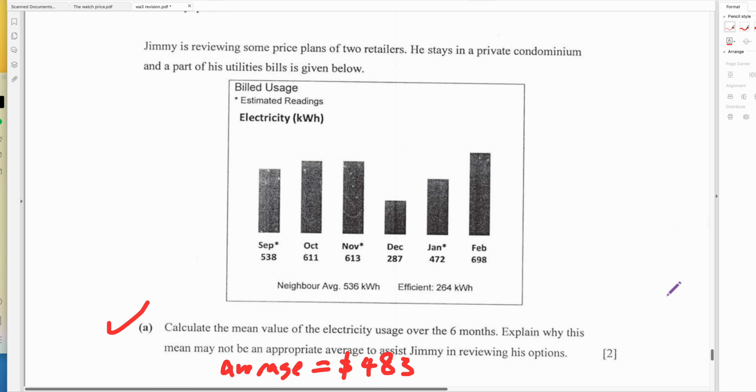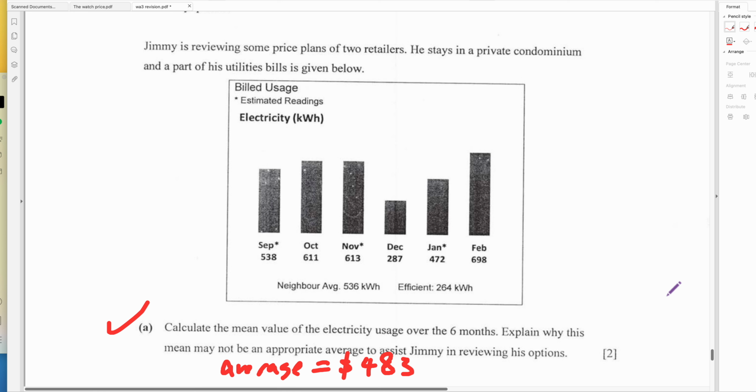Okay. So the question is how you phrase it. How do you phrase it, right? So I would say the mean or the average here is not appropriate because the usage can be quite volatile from month to month.